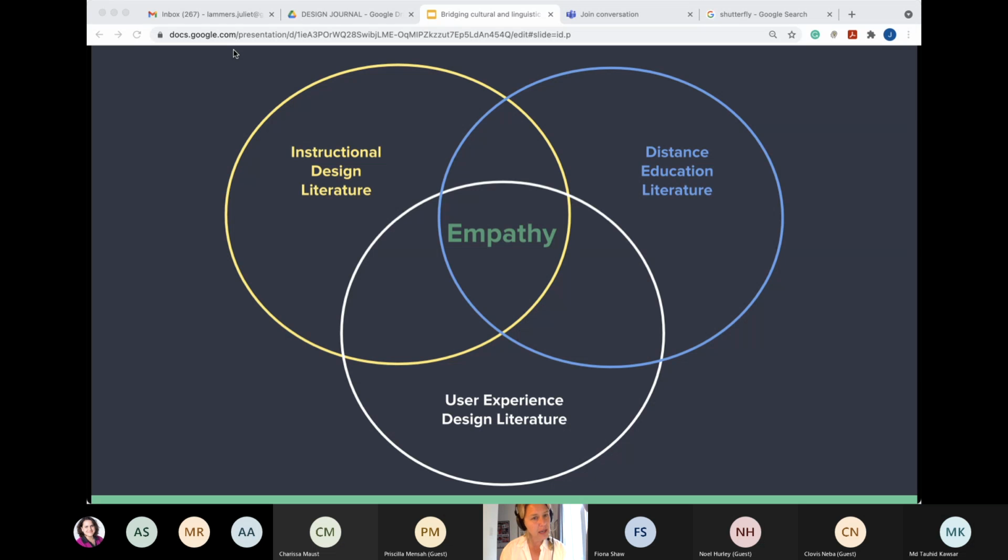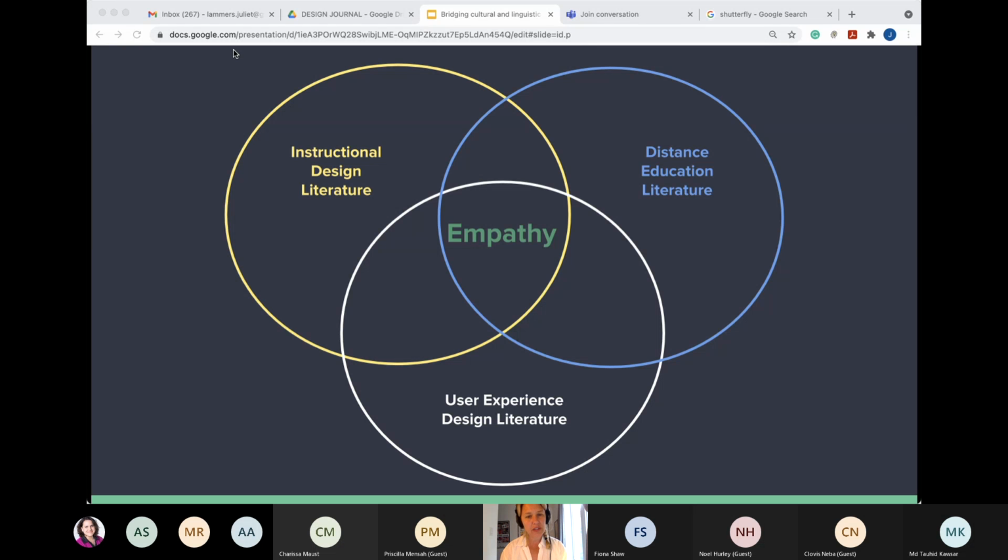Using empathy in the design process helps designers better understand their users and, as a result, helps them meet their needs. And while much of the academic literature calls for the incorporation of empathy in the instructional design process, there's little focus on how designers and instructors might evoke and deploy empathy in practice.